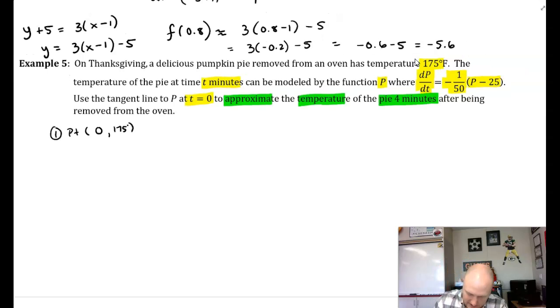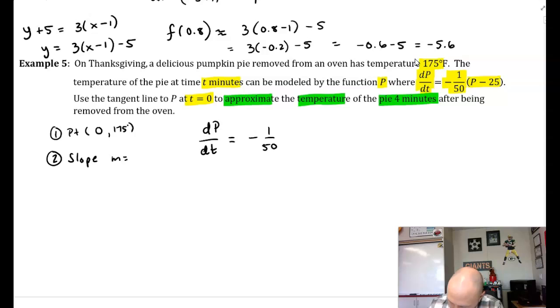Now what I need is the slope. So what is the slope? Well, I'm going to use the derivative that they give us. So the derivative of p with respect to time is equal to negative 1/50 times (p minus 25). Now remember, p is the temperature of the pie. It's not time. It's not t.